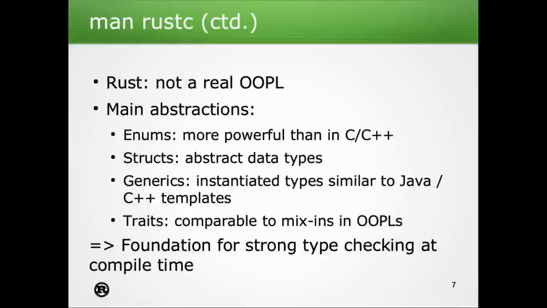And going halfway, traits are comparable to mix-ins in other object-oriented languages, so you're almost halfway there when it comes down to OOPLs. And again, the idea is to do everything you can with regards to strong type checking at compile time rather than runtime.